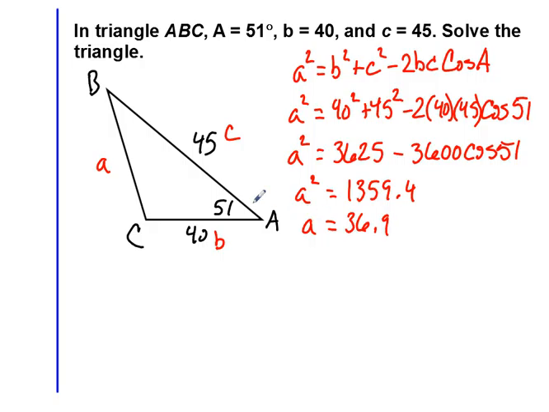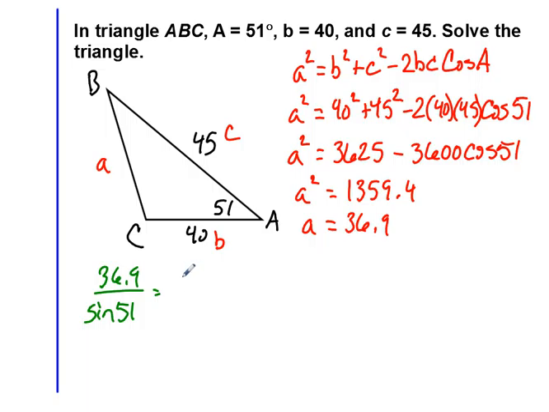Now that I have an A side and A angle, let's set up a law of sines. Law of sines is going to be 36.9 over the sine of 51. And we can work on either angle C or angle B first.